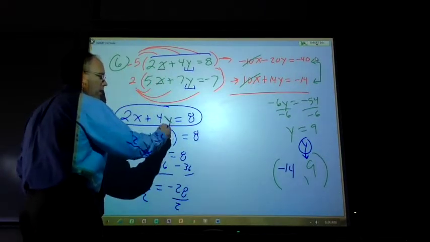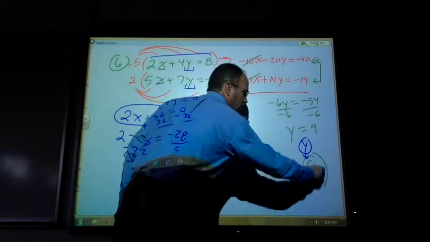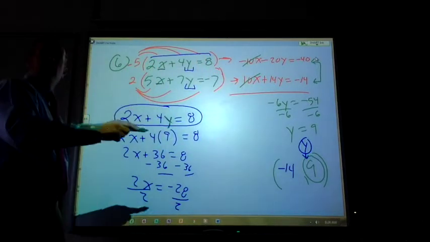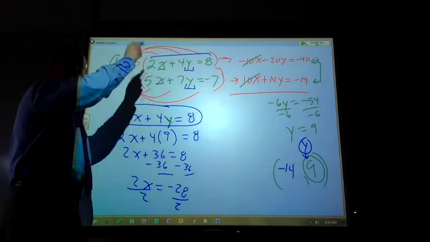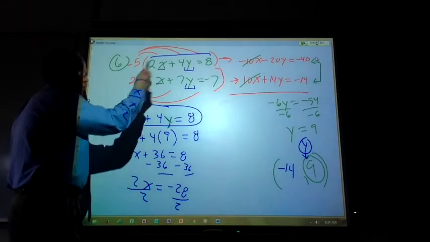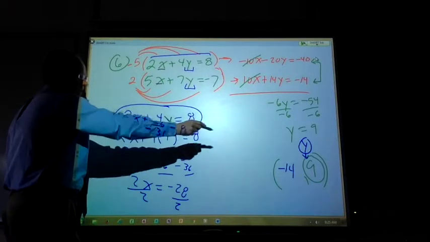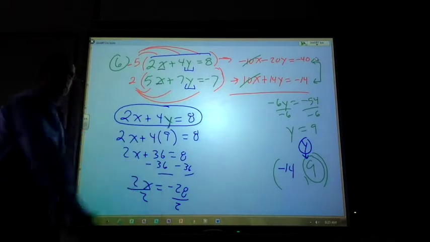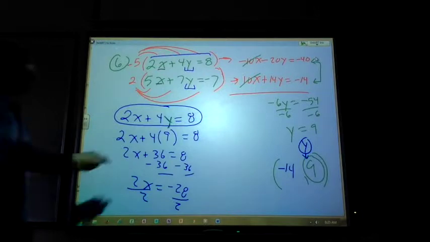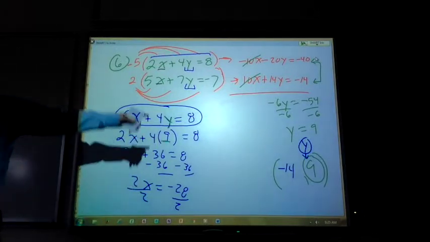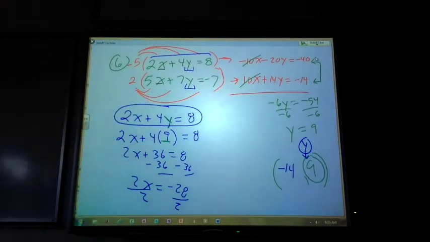This is the value I wanted to plug in for, which I knew because I solved it. I had to pick either the top or bottom to plug it into, so I always chose the top. I plugged in the 9, substituted, and then worked it out. So this was a y, but because I solved originally that y is equal to 9, I can substitute 9 in for it. Does that make sense?